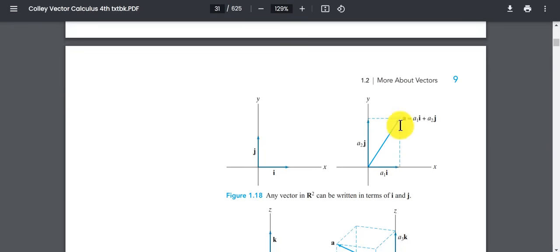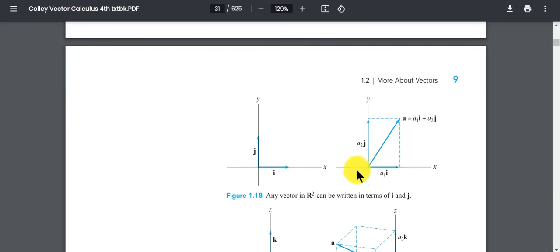And we can write any vector A as, A has some coordinates, right? In fact, the coordinates are A1, A2. It's the amount you have to go in this direction and then the amount you have to go in this direction. That gives you the two coordinates. But you can see also that because of the way we define vector sums, A is equal to A1 times the unit vector in this direction.